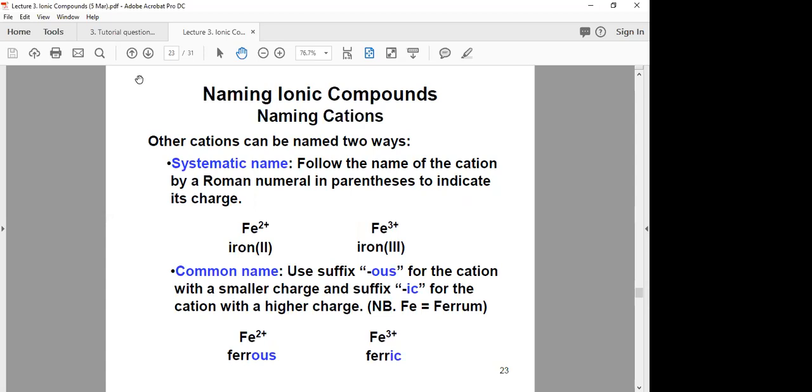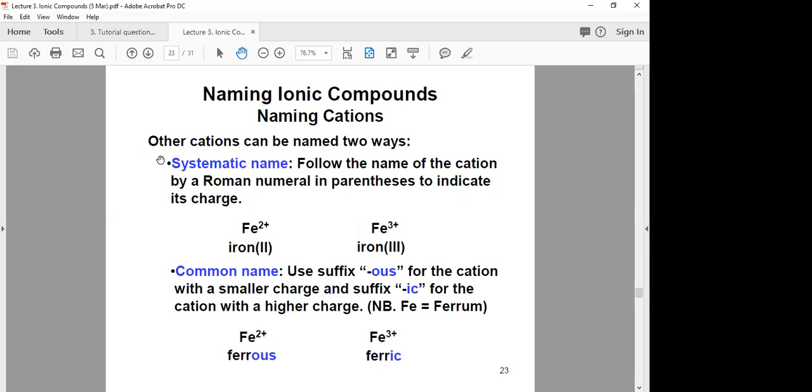Yes? Okay, so when you're dealing with one of those metals that can form different charges, then you need to specify or indicate in the name which one you're talking about. Are you talking about the +2 or the +3 charge? Or the single plus charge or the +2 charge, and so on? Okay, so let's look at an example.